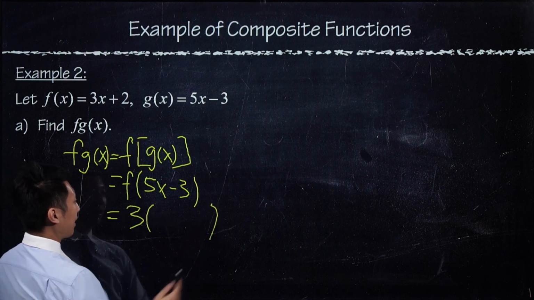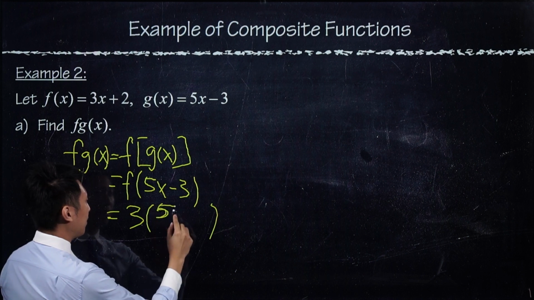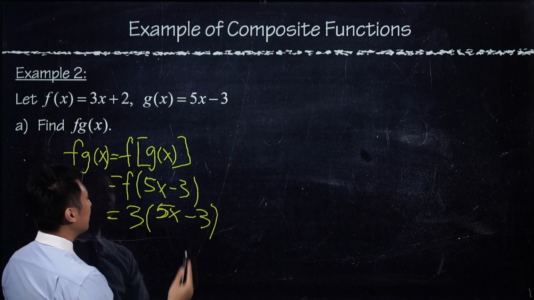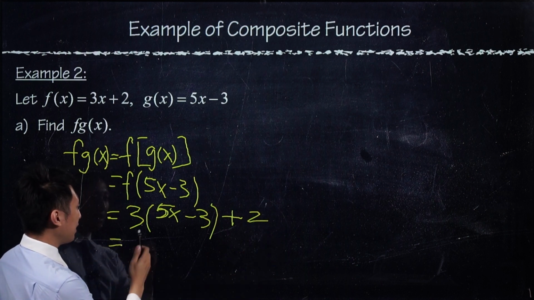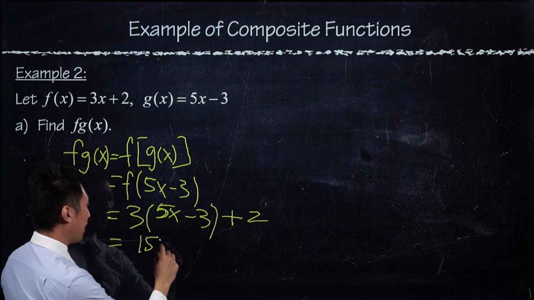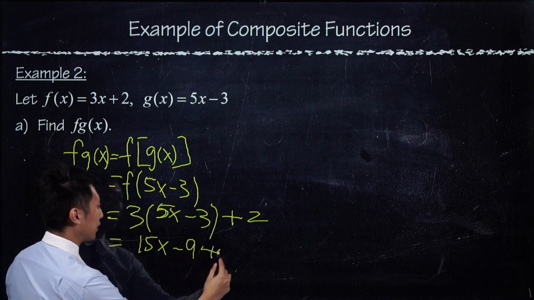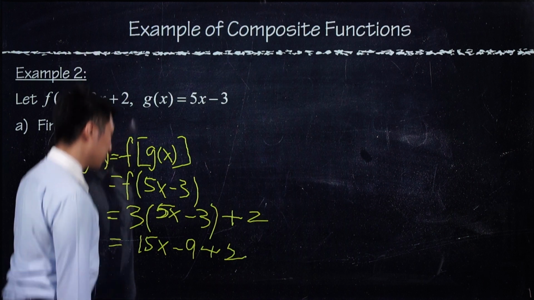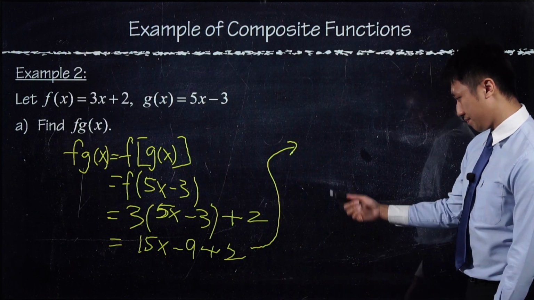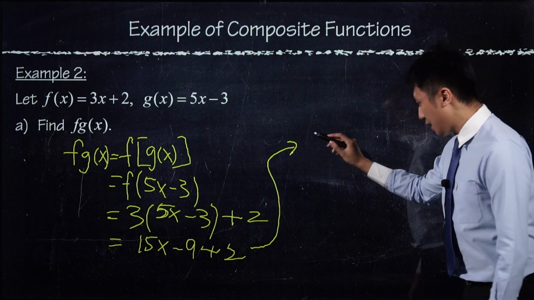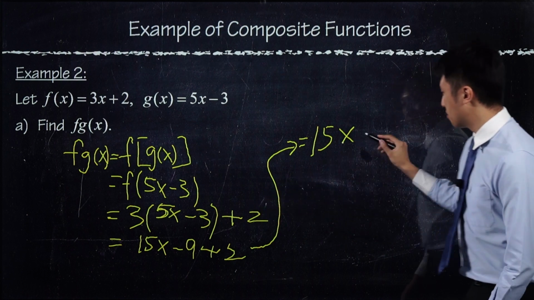First I write the bracket here, then write 5x minus 3, then plus 2 again. You expand this one, which gives 15x minus 9, then plus 2 again. So the final answer is 15x minus 7.